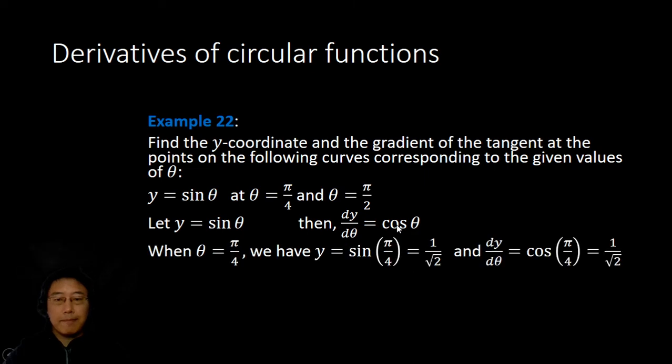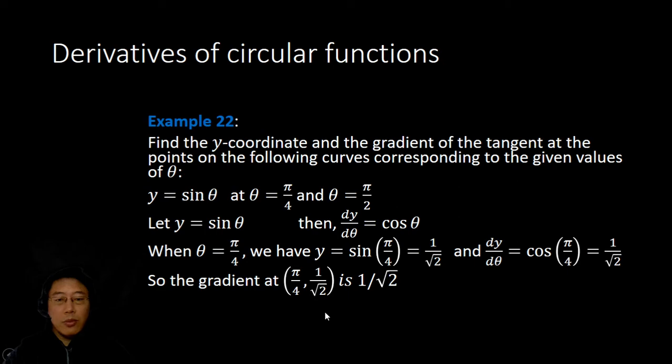So for the first point, the x-coordinate is theta equals pi on 4. We get y equals sine of pi on 4 using your exact values. It's 1 over root 2, or root 2 on 2 if it's rationalized, and dy over d theta is cos of pi on 4, which is root 2 on 2.